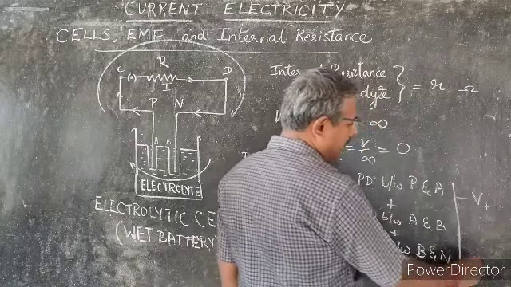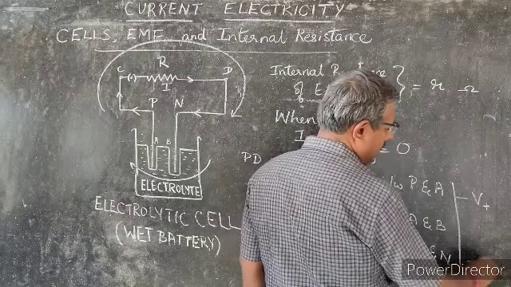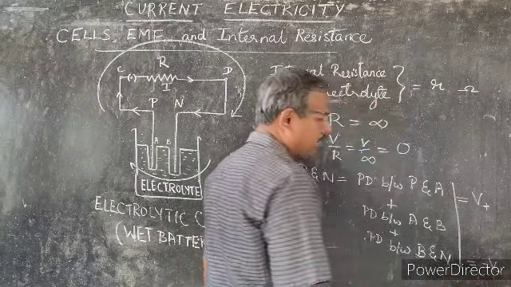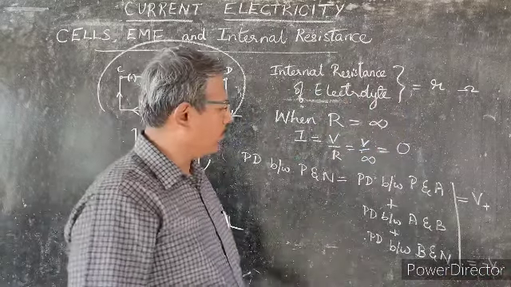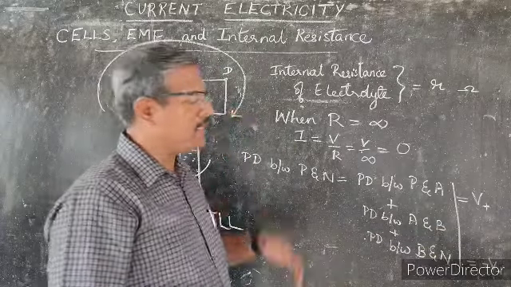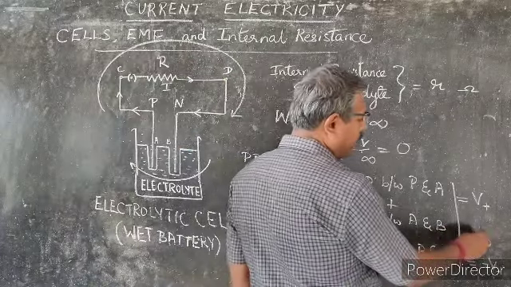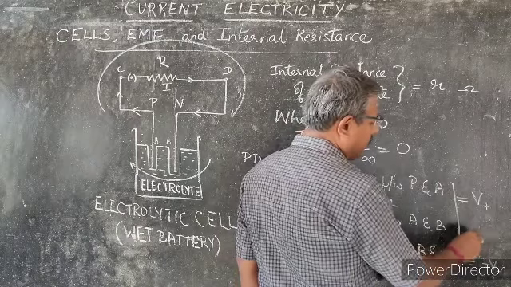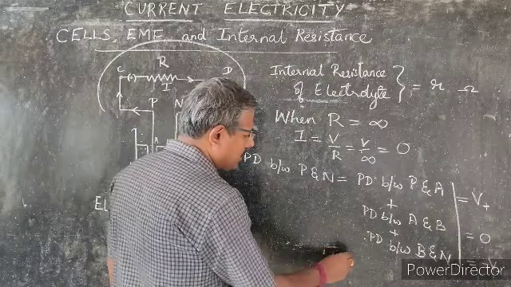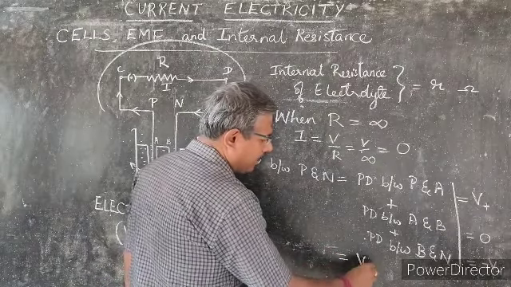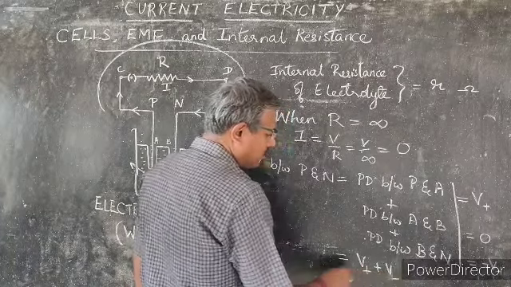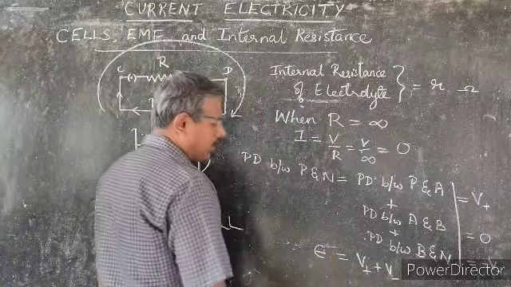The potential difference between B and N, we discussed as minus V minus. And the potential difference between A and B, because the resistance is infinite and there is no current flowing, is equal to 0. So this reduces to V plus V minus, which is nothing but epsilon.